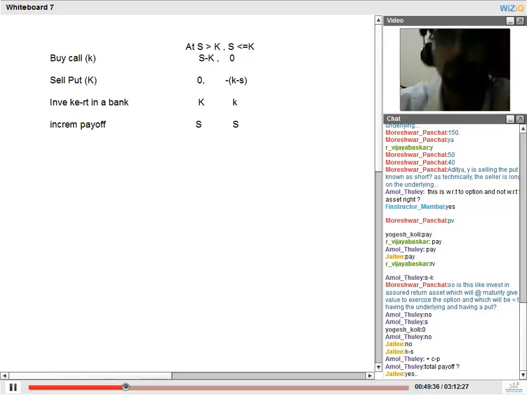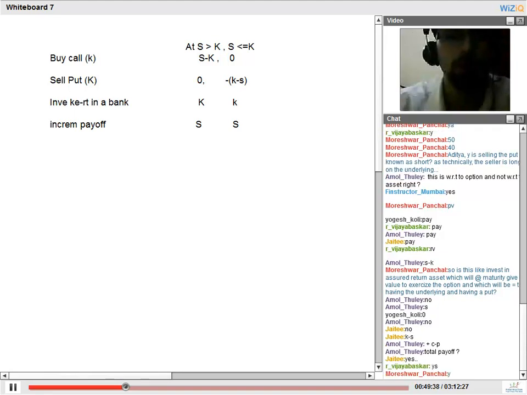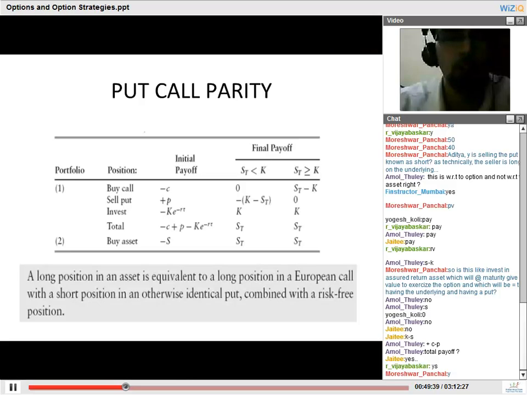Now let's look at the second portfolio. In the second portfolio, I just purchase the asset at whatever is the price today. If you buy the asset, you will have to pay the stock price. Whatever the price is, you pay it and purchase it in the stock market.